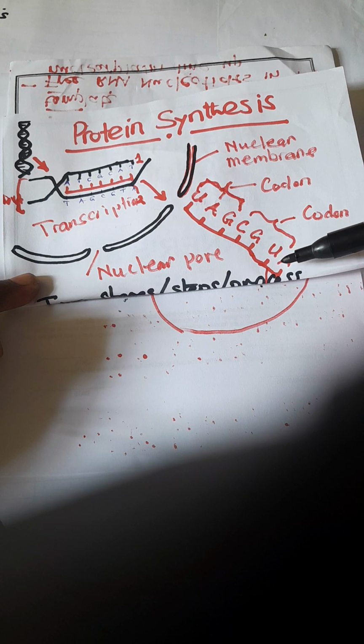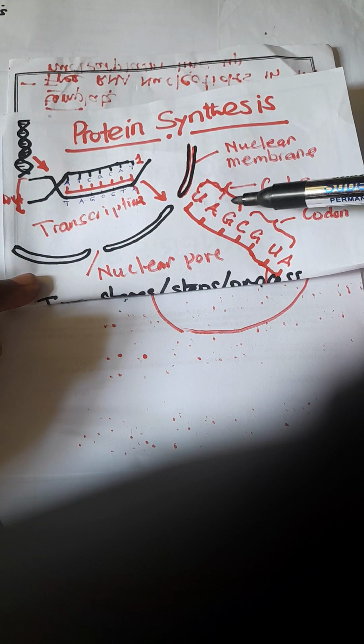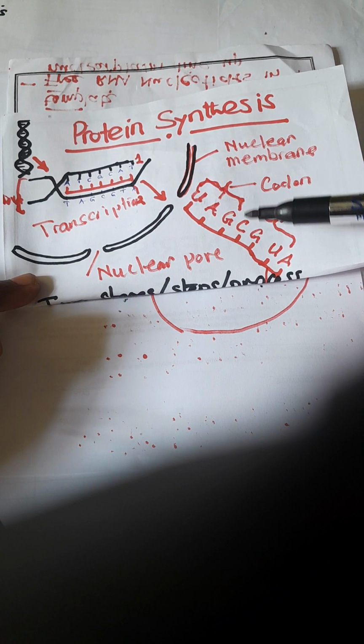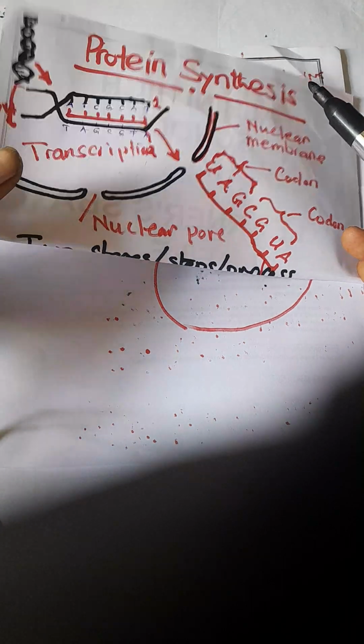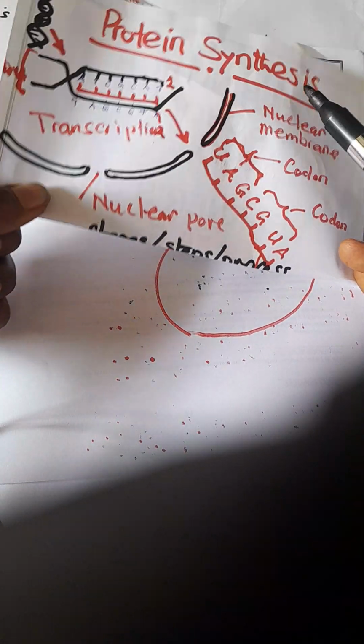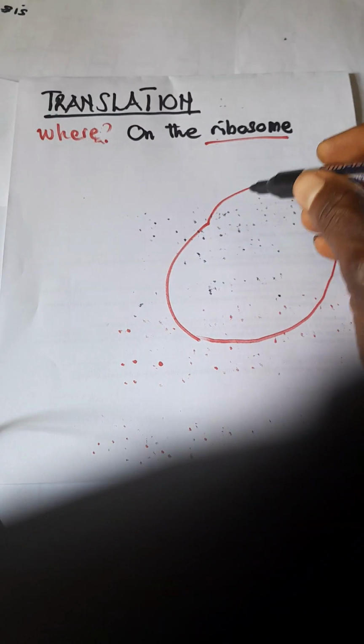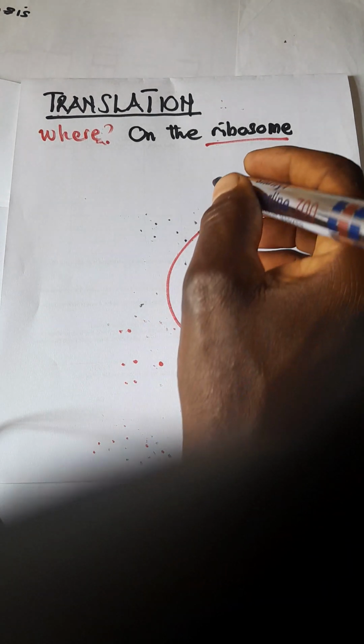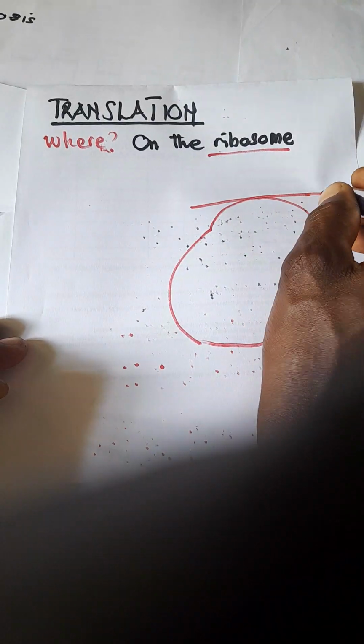It is moving, and it moves with the codons. Remember I spoke about the codon, which is the nitrogenous base triplets on the mRNA. This mRNA goes and attaches itself on the ribosome.